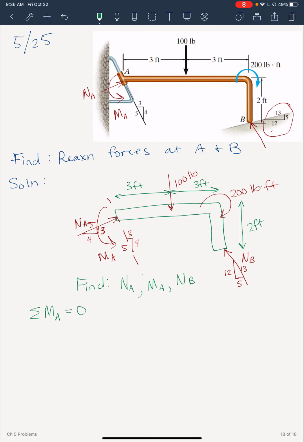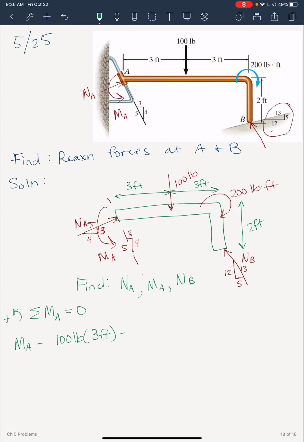And so the way I drew the moment at A is coming out of the board, so that would be positive. And we'll set that as positive. So we get MA. And then that 100-pound force, if we do our right-hand rule, it's going to give us a negative moment. So negative 100 pounds times 3 feet. And then we have that moment, which is in the negative direction.